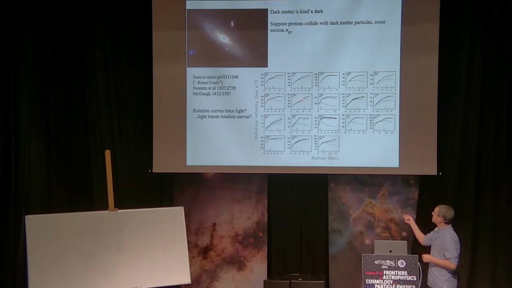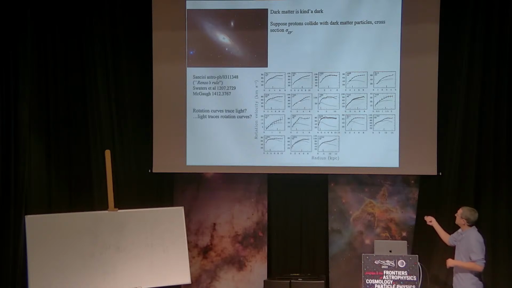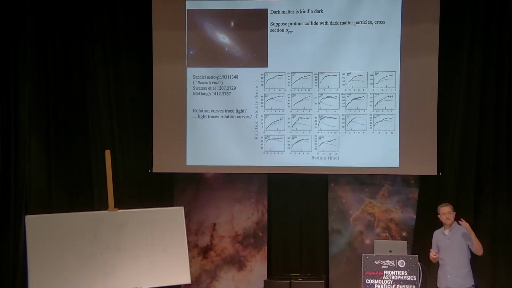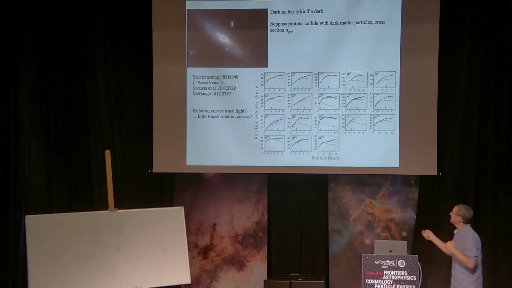And what these authors are saying is that for every disk galaxy that they have looked at, they can do the following exercise. They can take the dashed curve, which is essentially proportional to the rotational velocity induced by gas in the galaxy. The faint solid curve is the rotational velocity induced by the disk of stars.